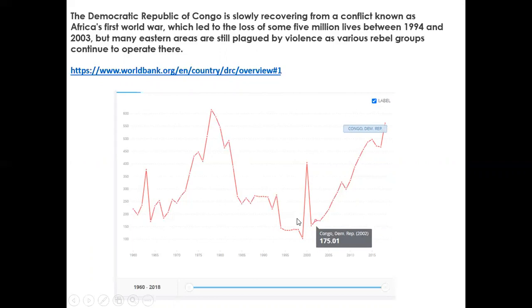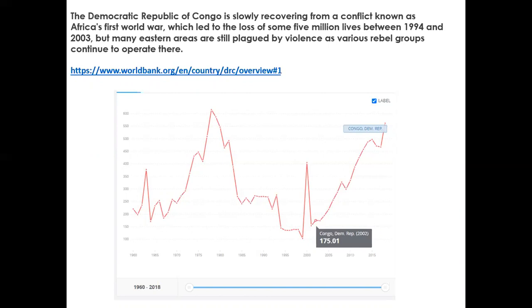Now, this is because of the political instability in the DRC after the 1960s, which was when Joseph Mobutu became president. In fact, from 1940 to 2003, the Democratic Republic of Congo was a site of Africa's First World War, where 5 million people lost their lives.